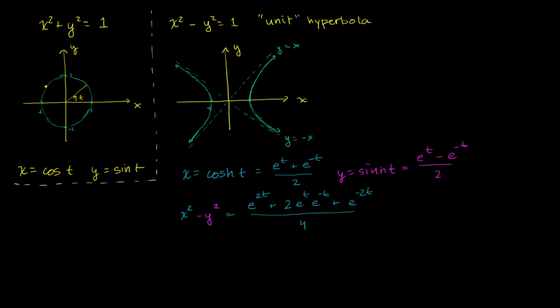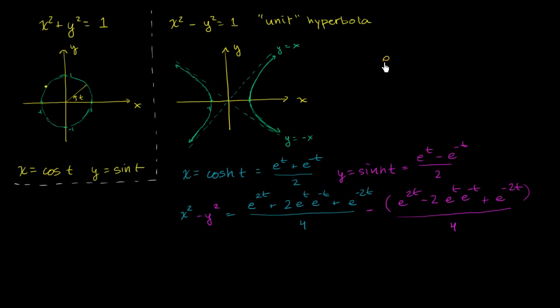And then from that, we will subtract y squared, minus, so the numerator is going to be e to the 2t, minus 2 times e to the t, e to the negative t, and then plus e to the negative 2t, all of that over 4.